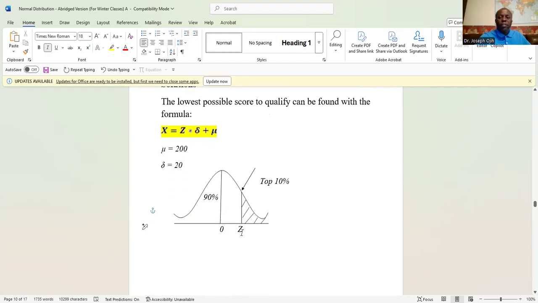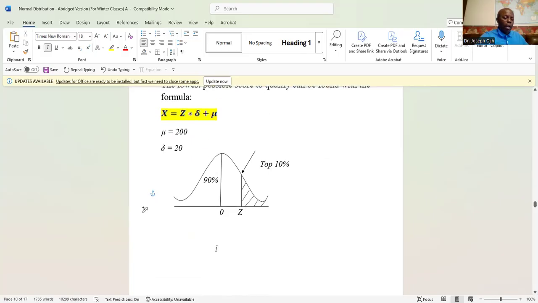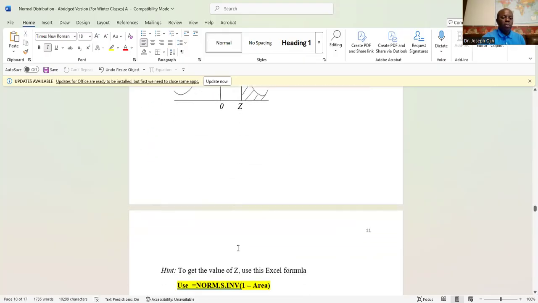Once we get our Z from the table or using Excel, we can just plug it into this formula and we get our answer. So I'm going to write this down so we can put it in Excel. The mean is 200, the standard deviation is 20, and the area given to us, the top 10%, is 10%.